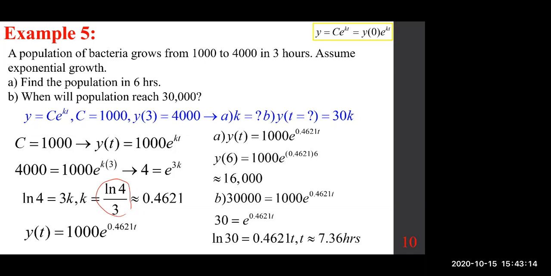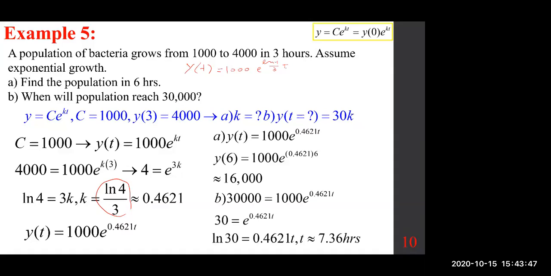So if we go from here and we write down up here, y of t equals 1,000 e to the power of, instead of writing 0.4621, I'm going to put ln 4 over 3 t. If you write it this way, it gives you a better approximation.